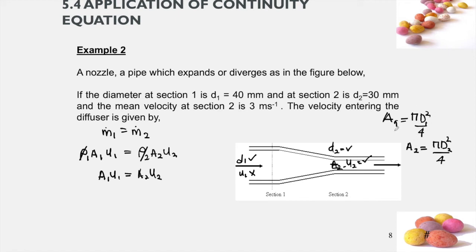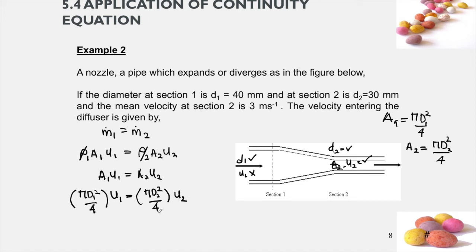For me, I will directly substitute. So area 1 is pi d1 square over 4, times the average velocity at point 1, equal to A2, which is pi d2 square over 4, times u2.